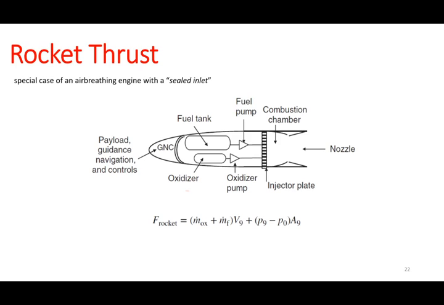So this essentially is telling you that your rocket thrust does not depend on flight speed.